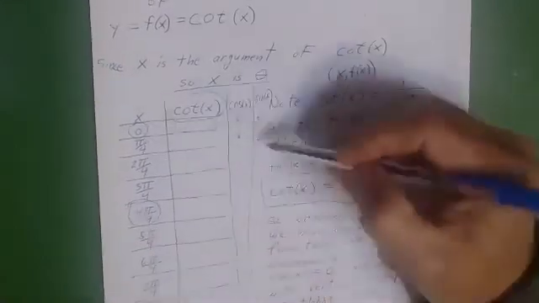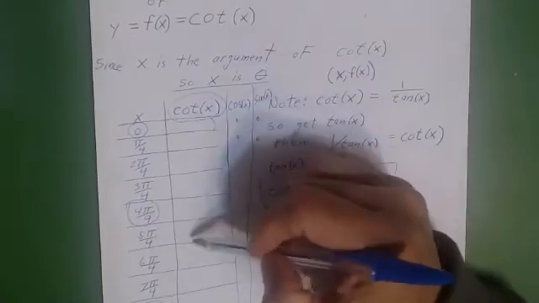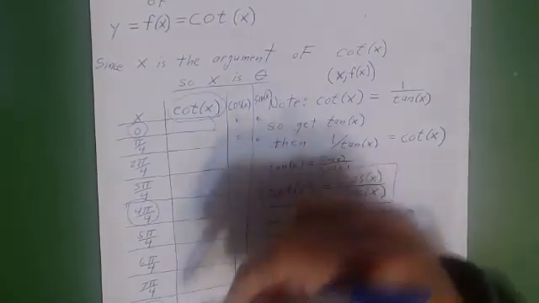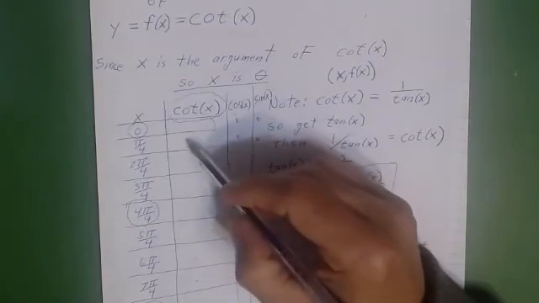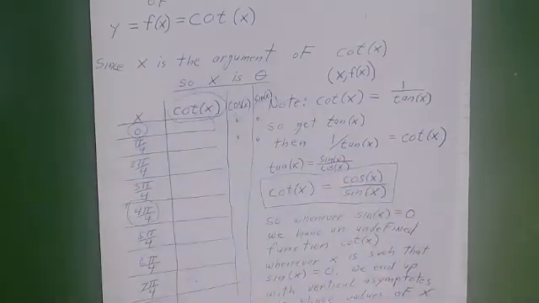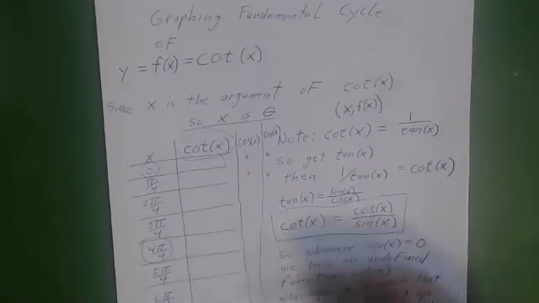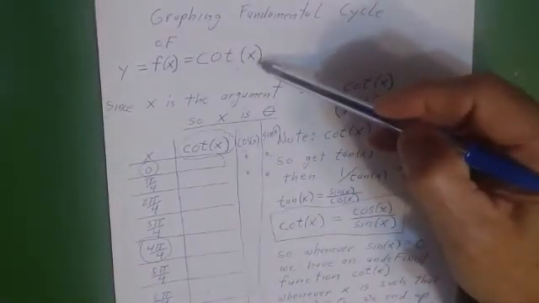The rest of these, you just make your table, and they'll give you these points, right? You'll have a hard number, and you can just jot it down to like 3 decimal places. And then on your graph, just rough it in. Okay, so that's how you would graph y equals f of x, cotangent of x.